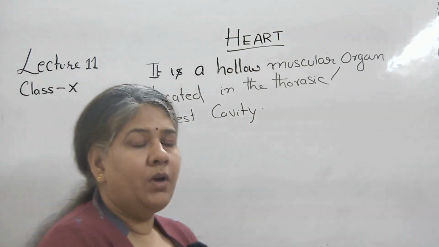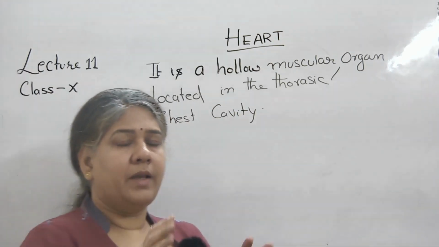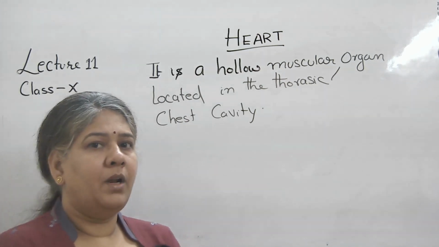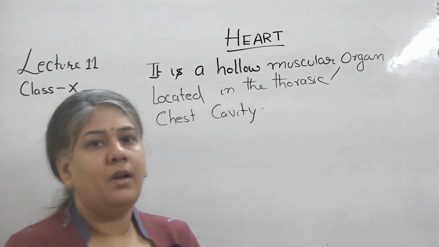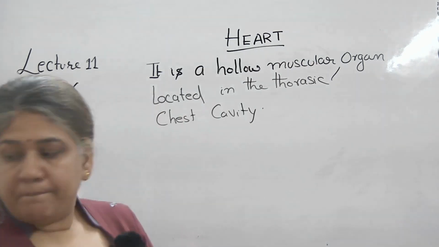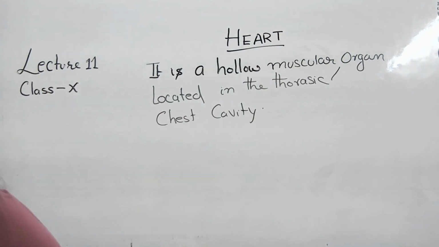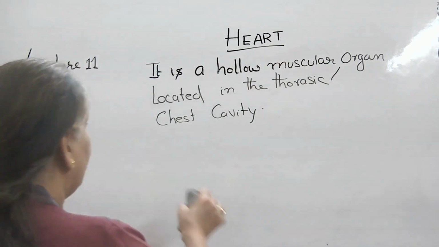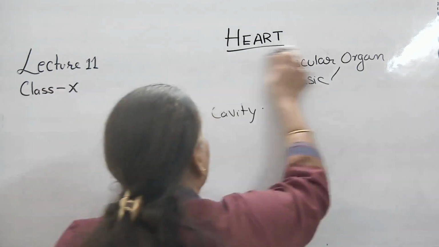Okay, we know our body is divided into thoracic cavity and abdominal cavity by a muscular sheath called diaphragm. Okay, so location, let's write down what is the location.